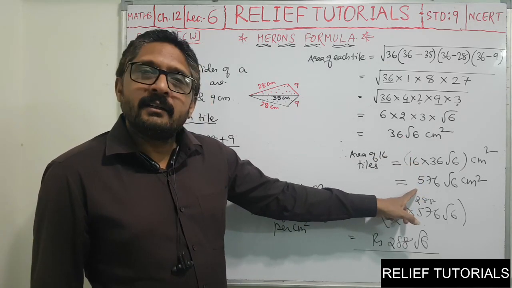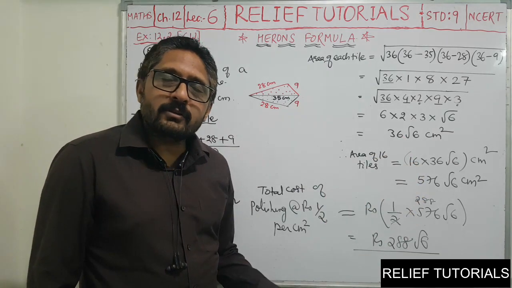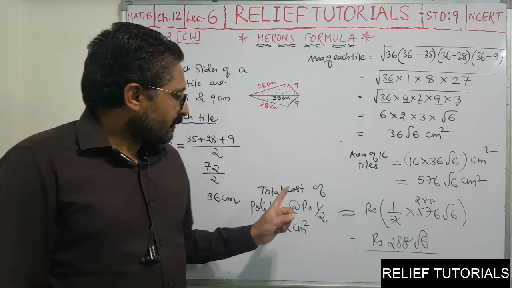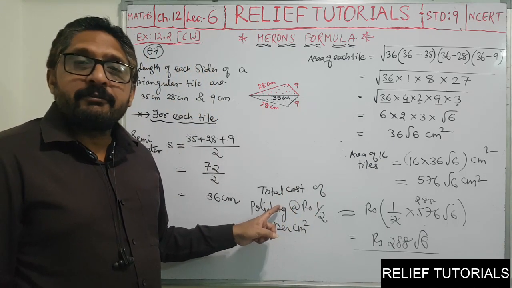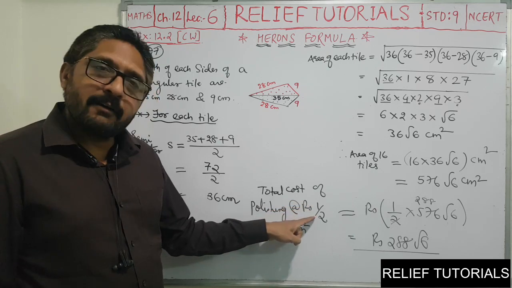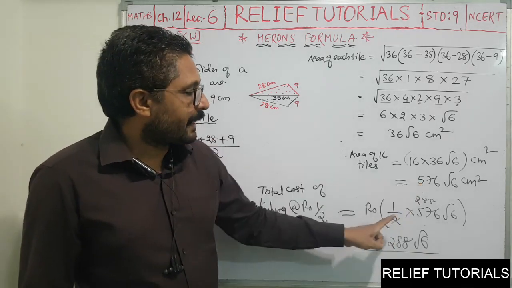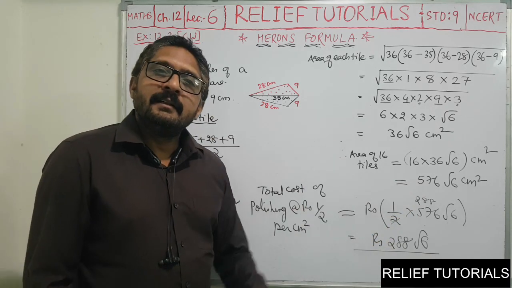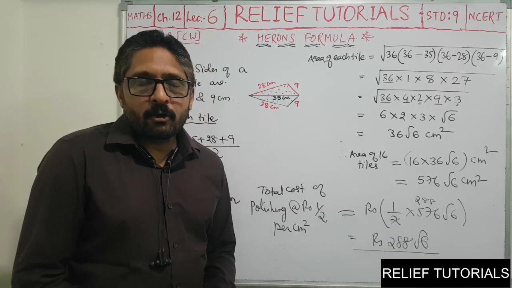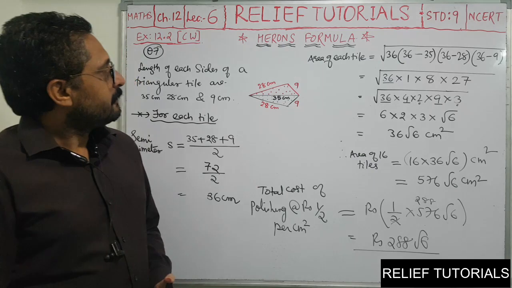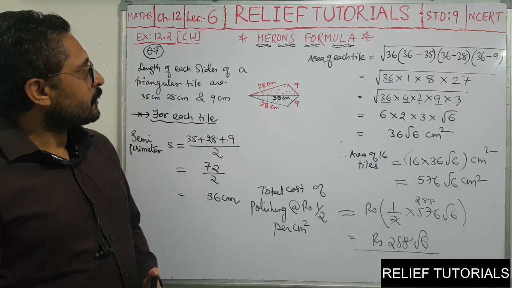Now you want to find the cost of polishing at the rate of 50 paisa, which means half rupee per centimeter square. So you will multiply the total area by half rupee and you will get the total cost of polishing. So with this we have completed this question.